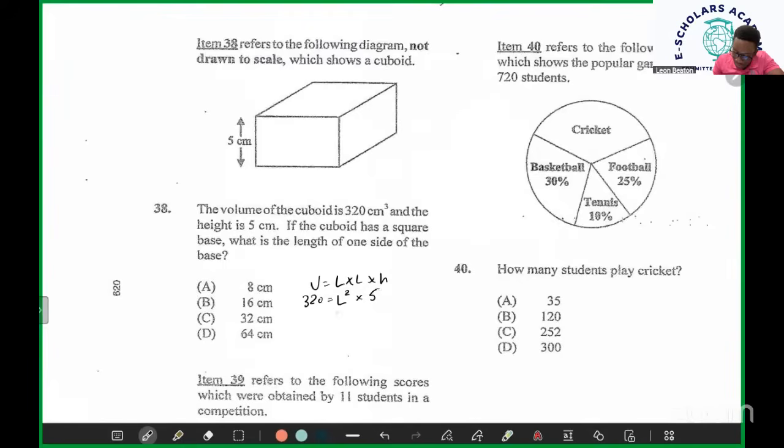So divide by the 5: 320 divided by 5 is equal to L squared. 5 can go into 32 six times. 5 times 6 is 30. This is 2. We bring down the 0. 5 can go into 20 four times. So L squared is equal to 64. L is equal to the square root of 64, which is 8. So indeed it was 8.